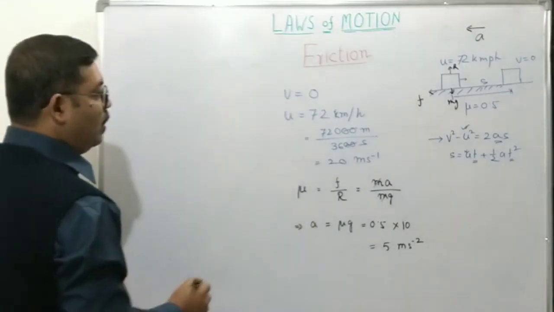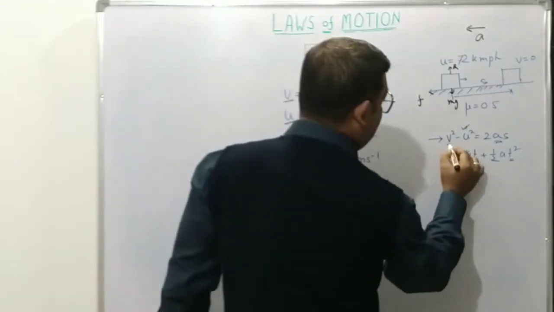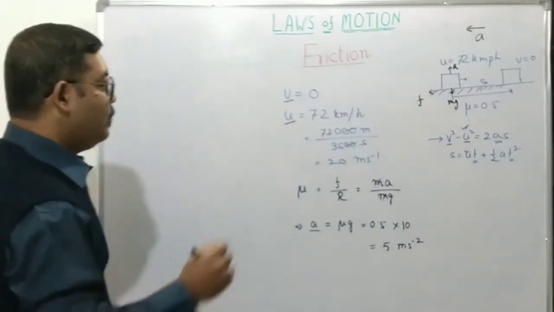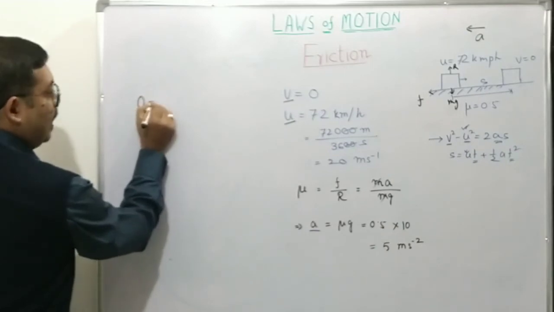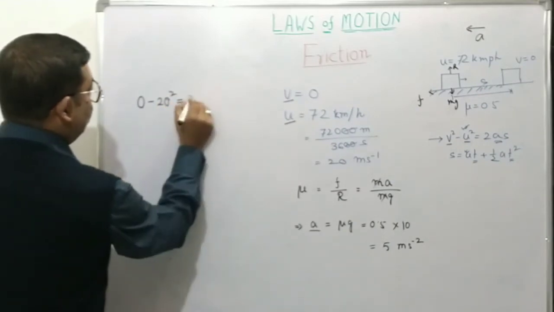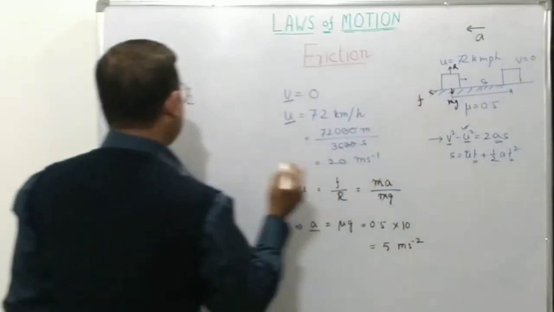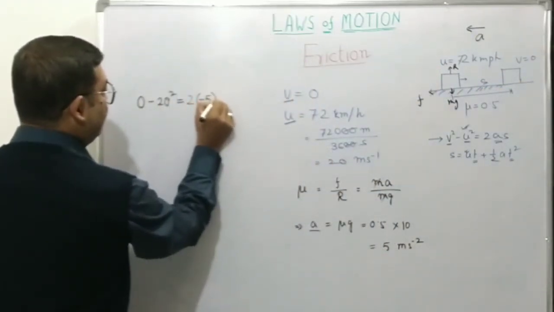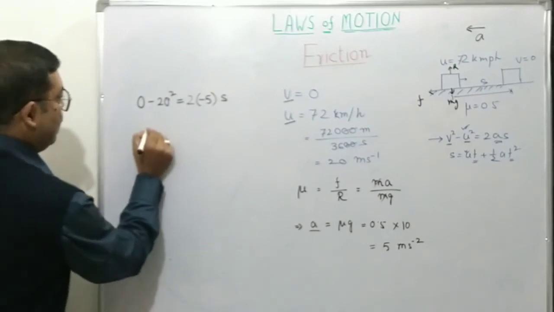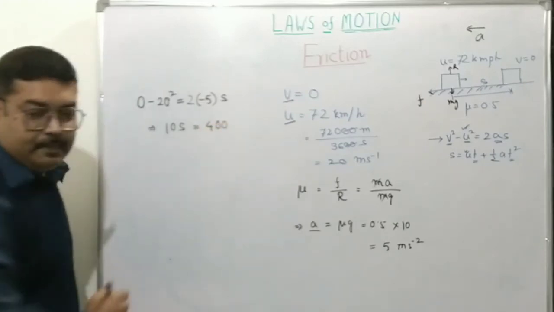Now we are in a position, because we know v, we know u, we know a. Substituting these values in the equation v square minus u square equal to 2as, we get v square is 0 minus u square is 20 square, equal to 2 times the acceleration. This is a negative acceleration because it is in the backward direction, so minus 5, and then s, which means 10 into s equals 400.